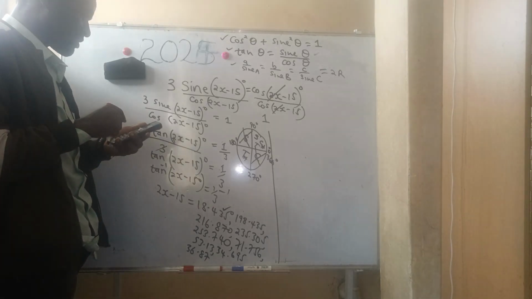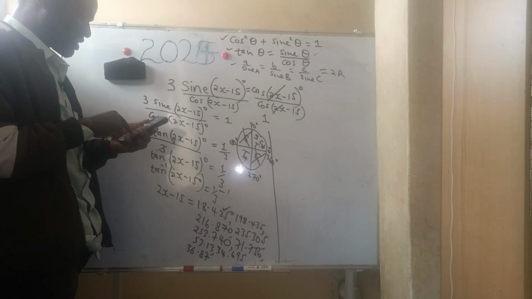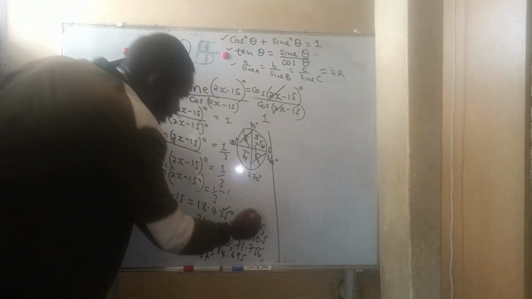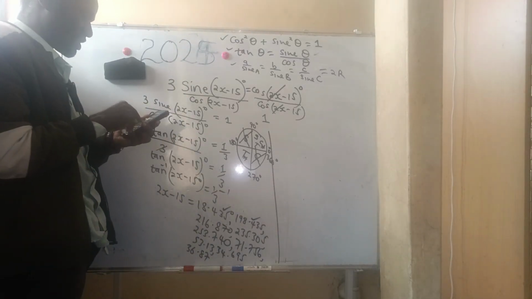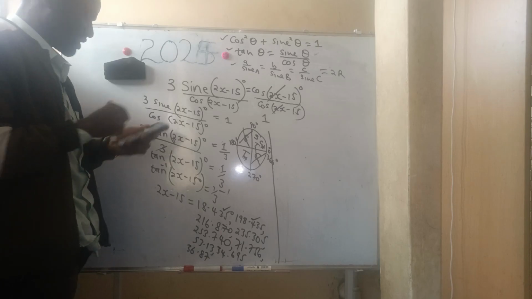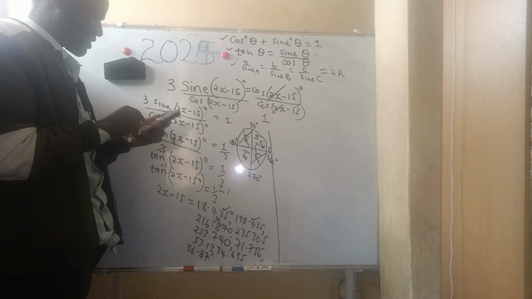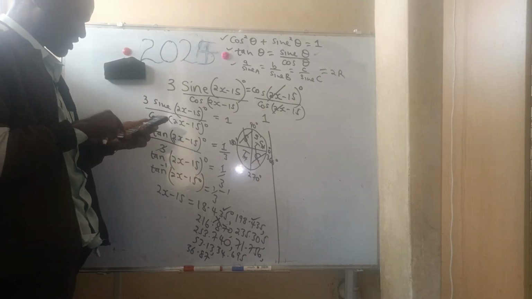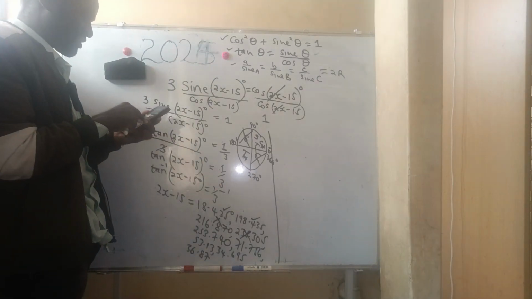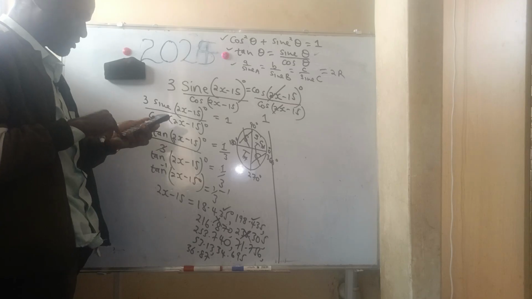So tan of 198.435. It is also fine. Okay, tan of 216.870. That is wrong. Then tan of 235.305. It is wrong. Then tan of 253.740.